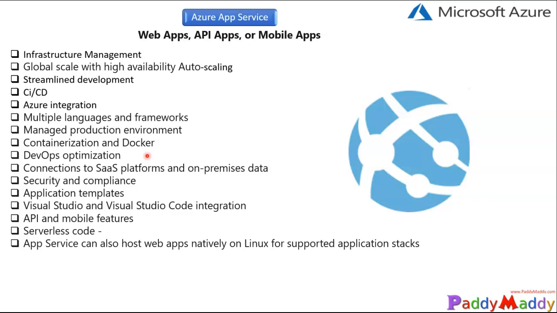So all these are available in terms of container features, including continuous integration and continuous deployment with DevOps optimization. So you are focusing on developing your applications instead of worrying about the infrastructure.